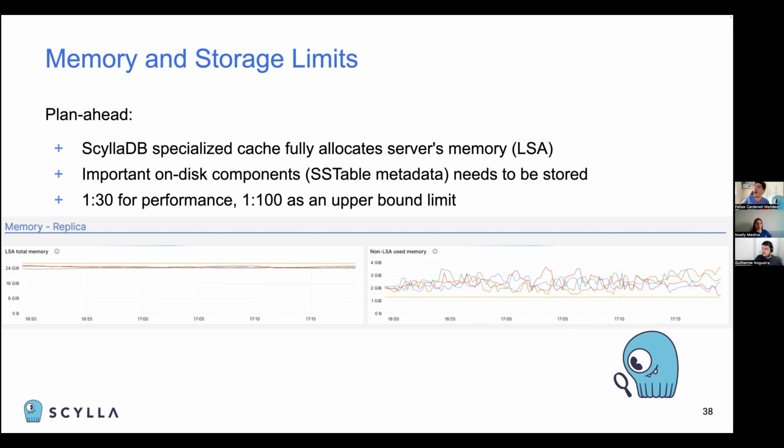In general, we recommend that you try to keep a 1 to 30 memory to storage ratio if your focus is lower latency for performance. And if you have a storage heavy use case where you want to store dense amounts of data, we recommend you do not exceed the ratio of 1 to 100.